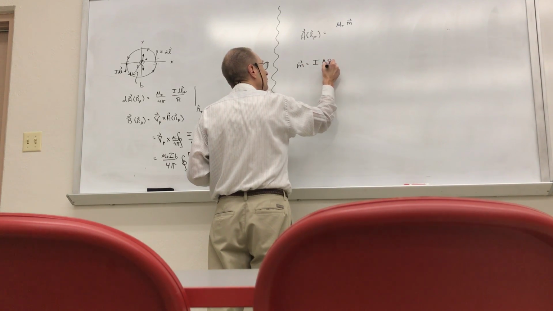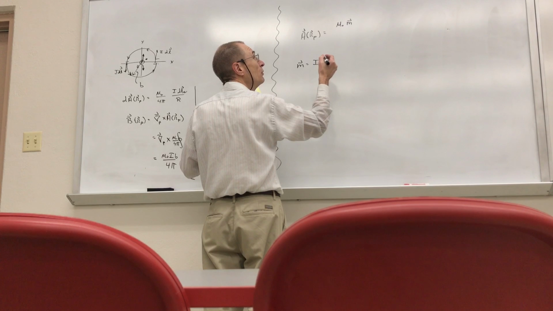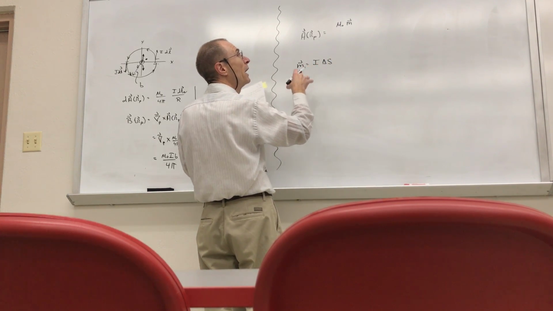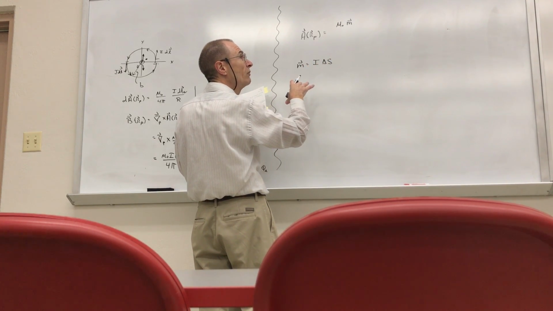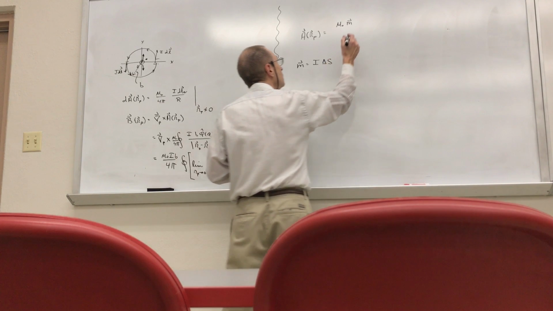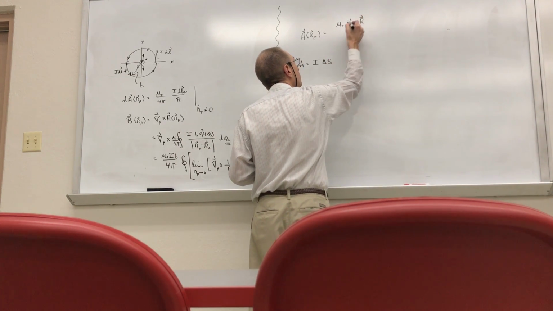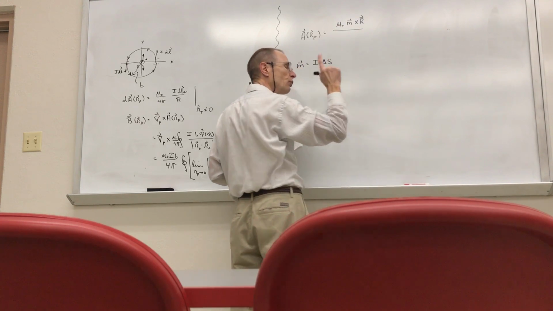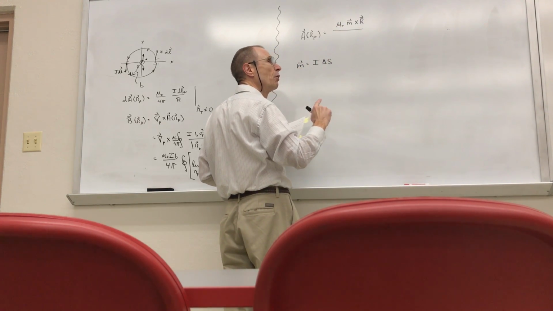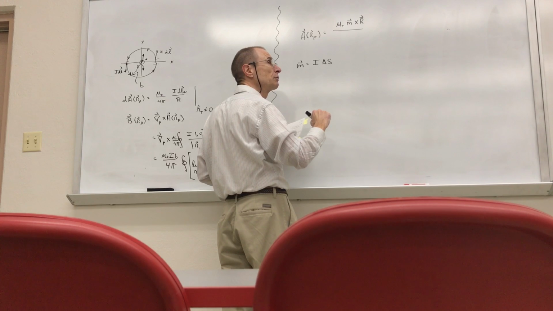We'll call that area delta S. It can be called S if you like. It doesn't make a difference. We're not placing a constraint on the size of that particular current source. Cross into the relative position vector, pointing from the central location of that dipole moment to our point of observation.